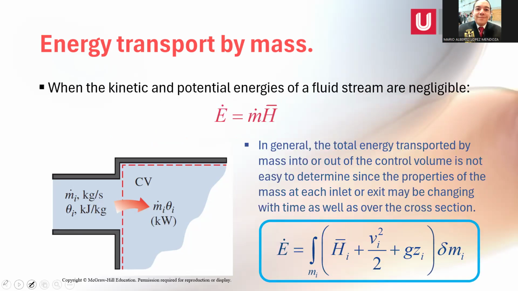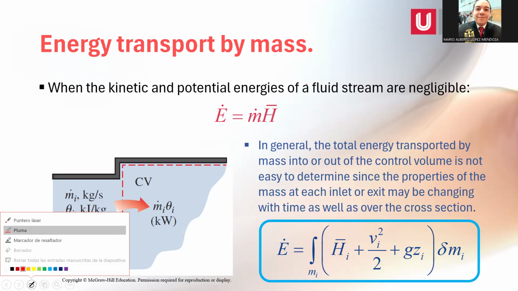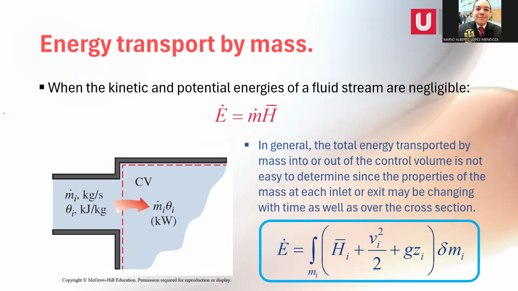Finally, it's important to consider two important facts. When the kinetic and potential energy of the fluid are negligible, it means that the enthalpy of the system is the higher contribution.